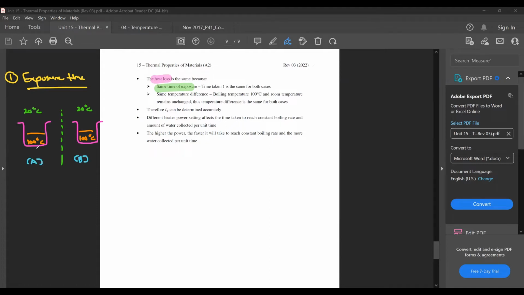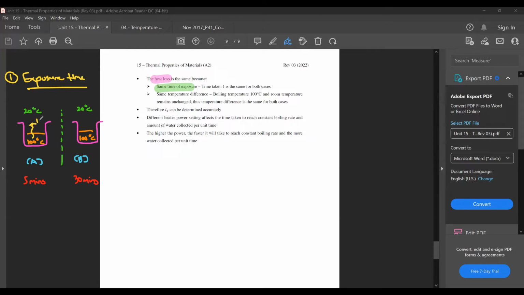All right. Now, beaker A, I leave it alone for say 5 minutes. But beaker B, I leave it alone for 30 minutes. Now, in my current case here, regardless of whether it was beaker A or B, I would definitely have heat loss to the surroundings because, as I mentioned to you last week, heat energy tends to flow from higher temperature to lower temperature. So in your case, you actually have heat loss.